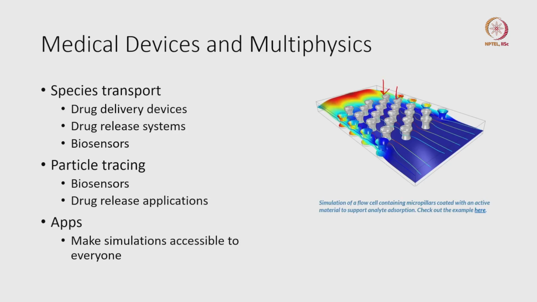They are arranged in a certain array, and which arrangement is the best, which optimizes the device, is what you can actually perform. So here we flow an analyte, and this analyte gets adsorbed on the surface of the micropillars to see if there are any antibodies in the analyte.